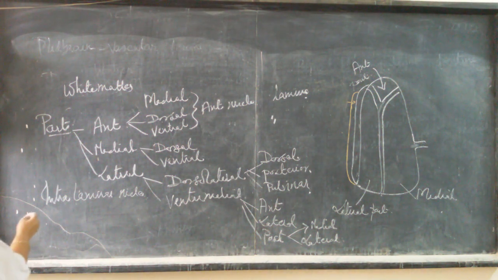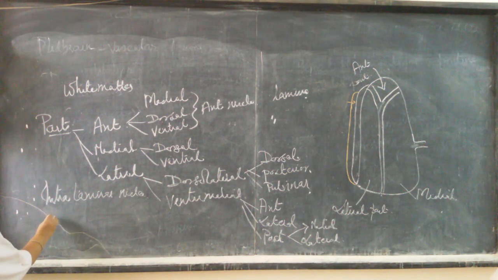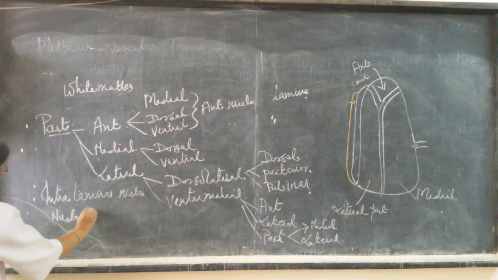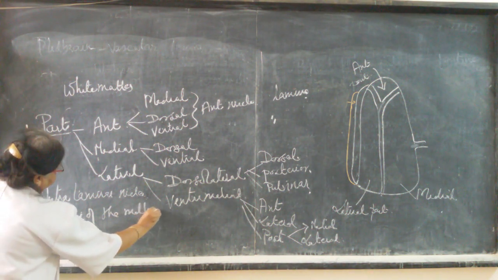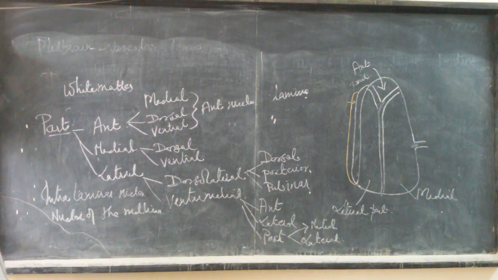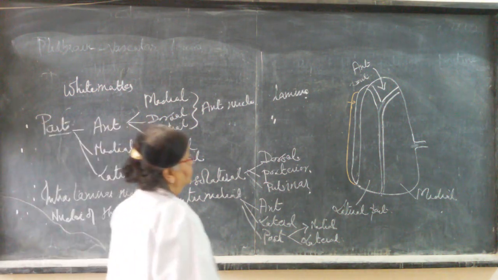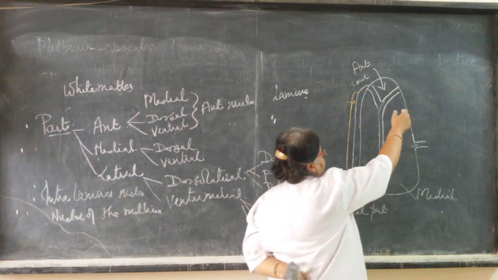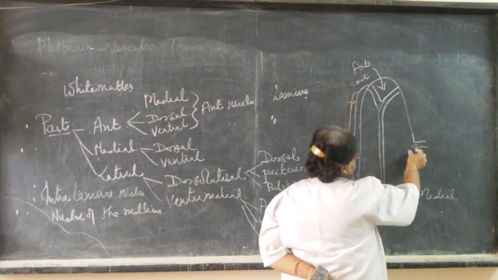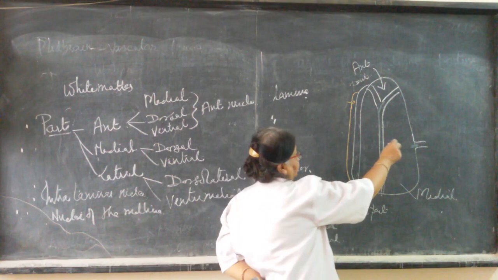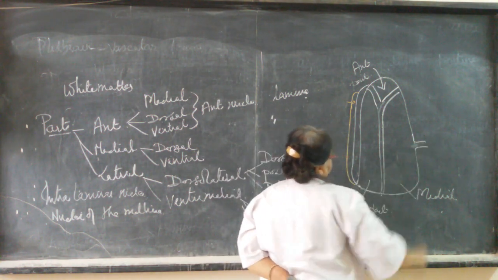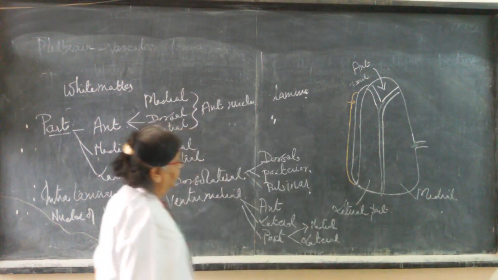Then there are nuclei of the midline. Nuclei of the midline include the grey mass cells present on the medial surface, and this also includes the grey matter present in the interthalamic adhesion.